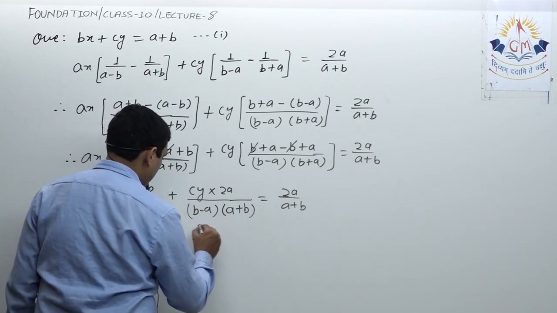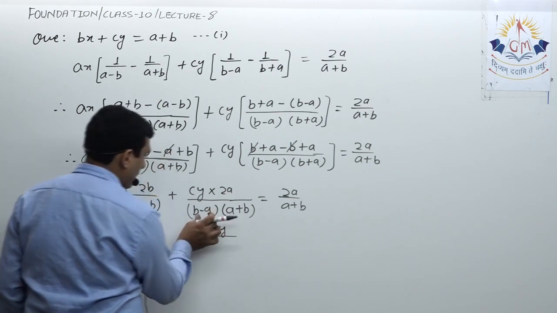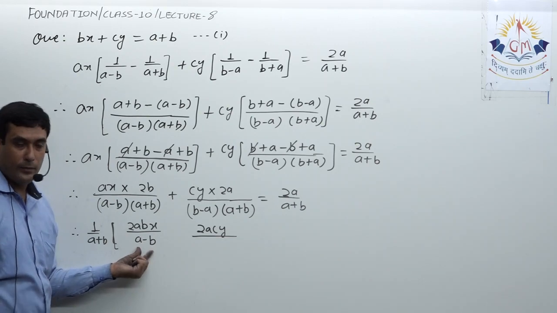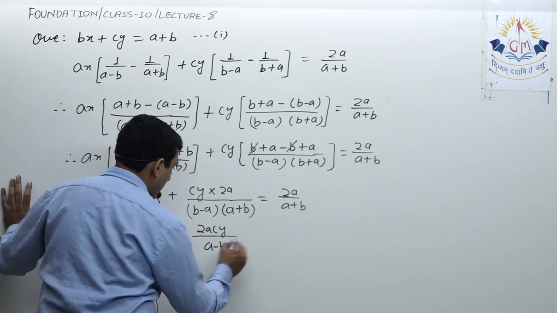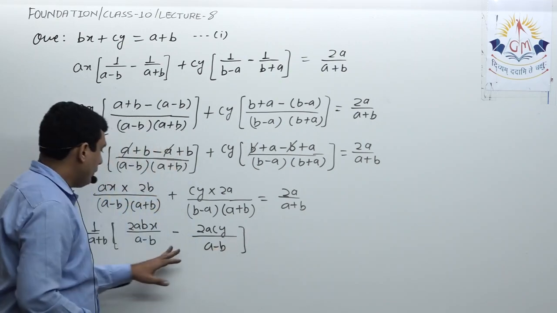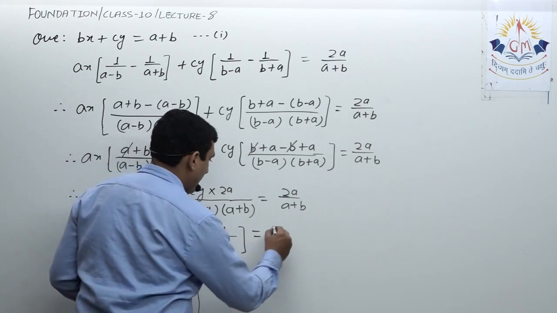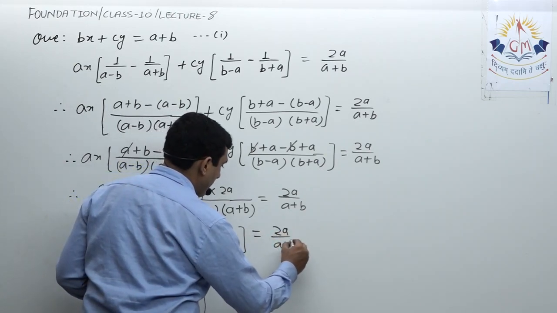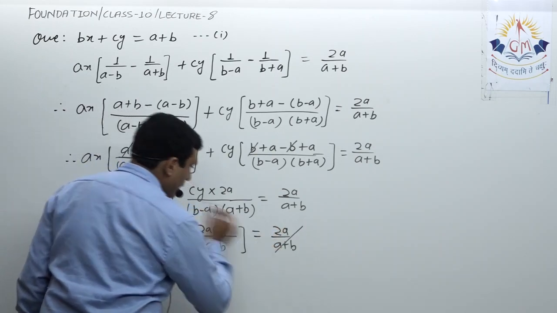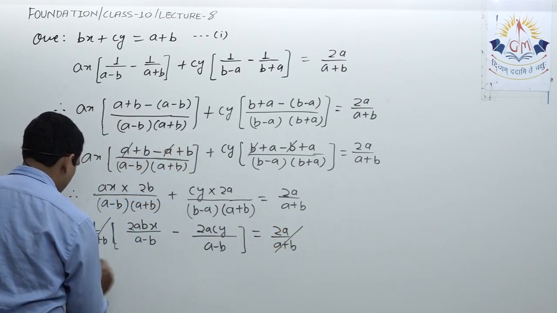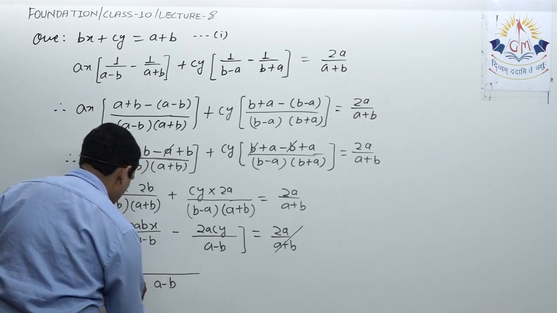Now here I have 2acy upon, see here it is b minus a, here it is a minus b. So if I take the minus sign common, I can write this as a minus b. By doing so, it will be easy to take the LCM in the next step, and here I have 2a upon a plus b. So this 1 upon a plus b and this 1 upon a plus b are cancelled. Now here I can take the LCM as a minus b.